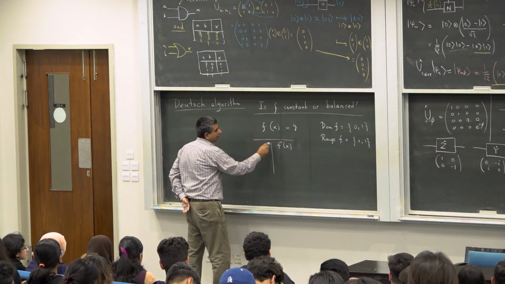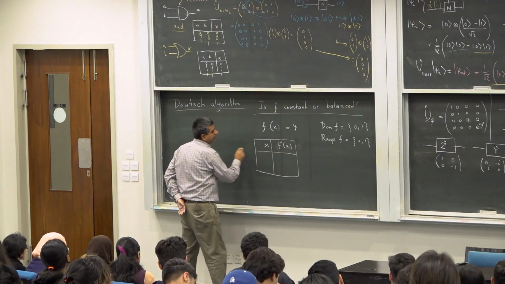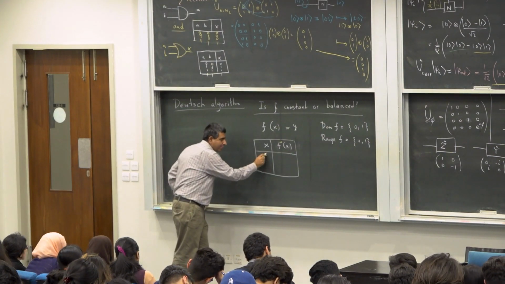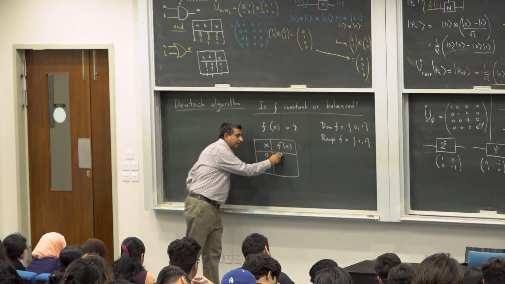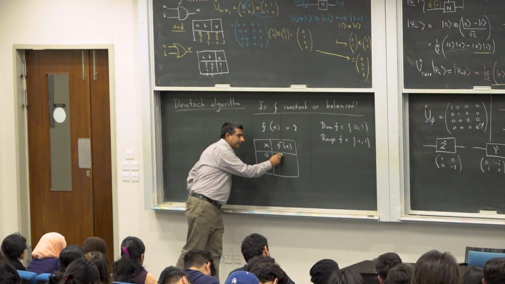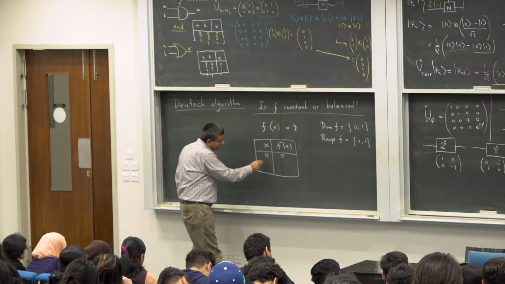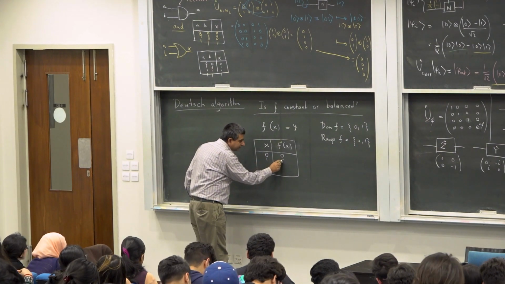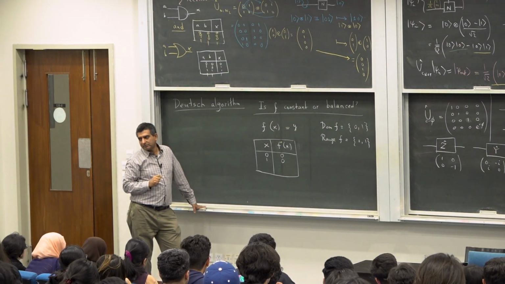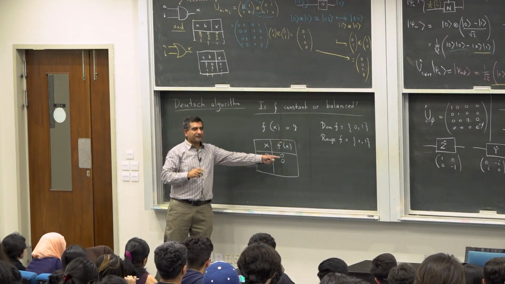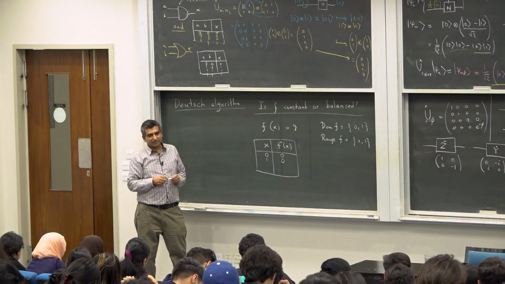Now I can draw a table to describe the two different kinds of f's. So if x is 0, if f of x were 0, and if x were 1, if f of x were still 0, so no matter what the input is, if the function always gives you 0, then it's called a constant function.